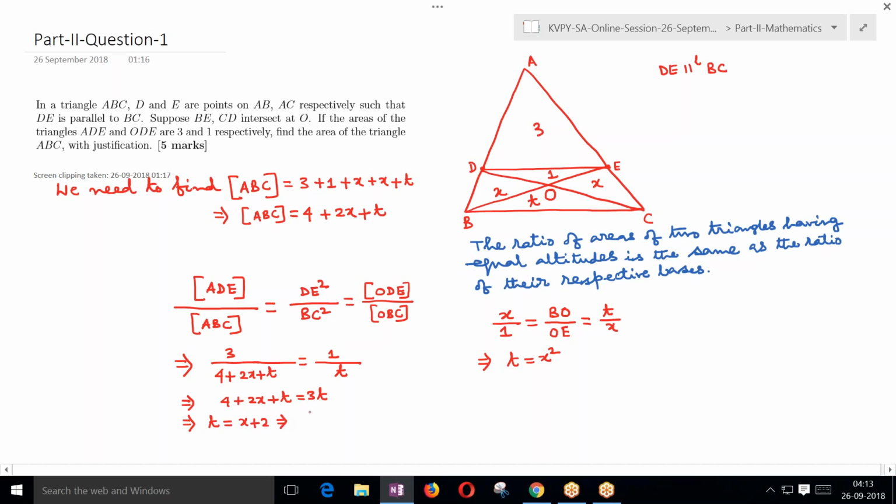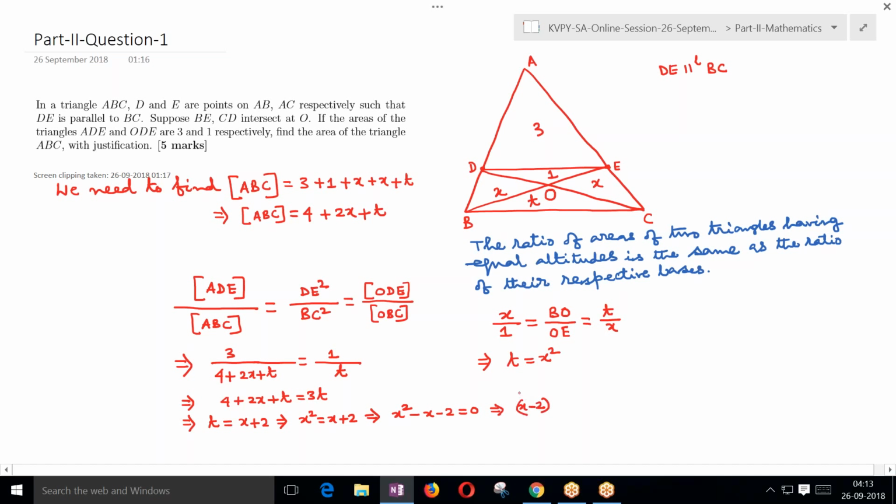Now we already found that t is equal to x square. So that means x square is equal to x plus 2. And if we simplify further, x square minus x minus 2 is equal to 0. And from here you get x minus 2.